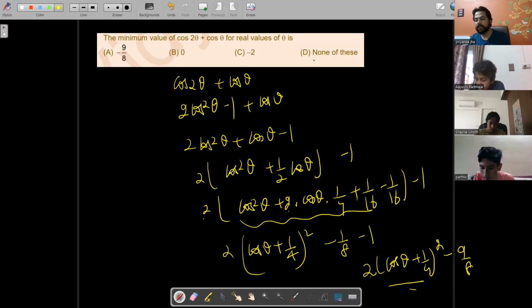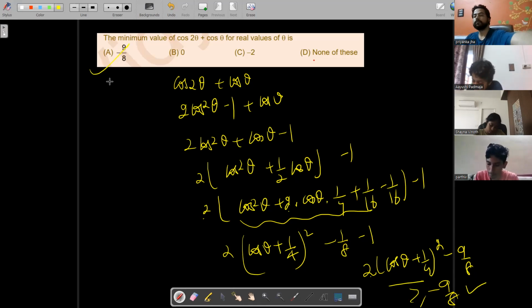So the least value will be minus 9 by 8. Understood? Always remember to make all the angles the same. Then only you can solve the problem. Otherwise not.